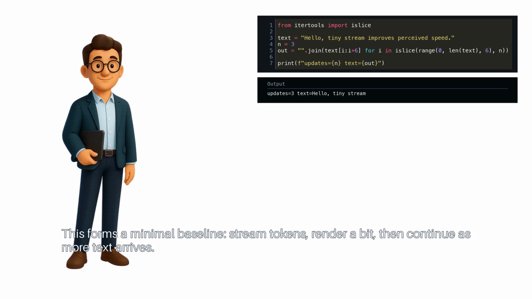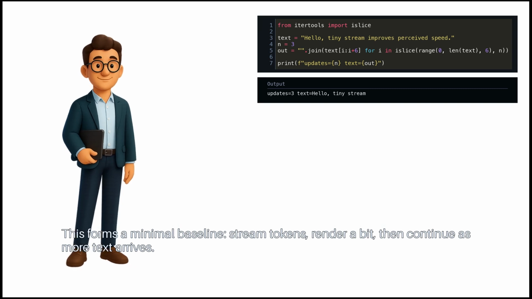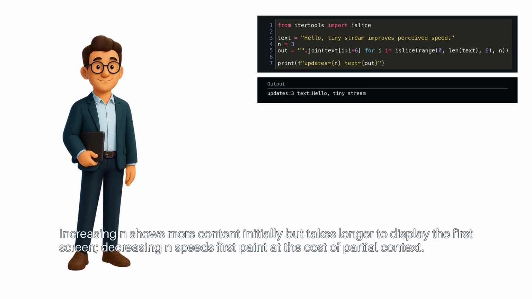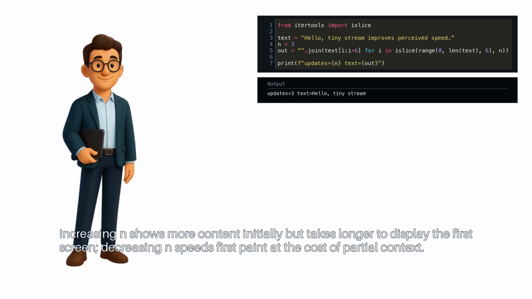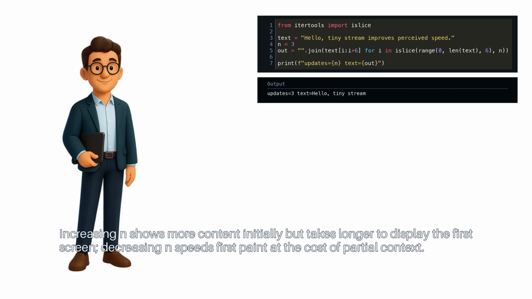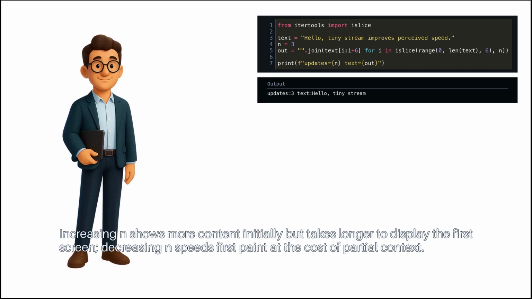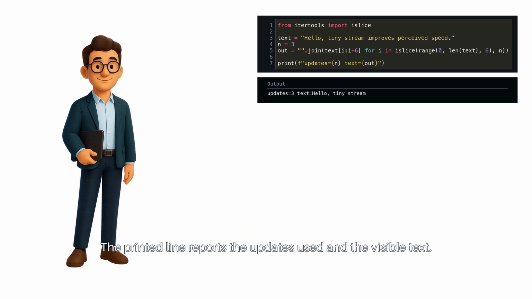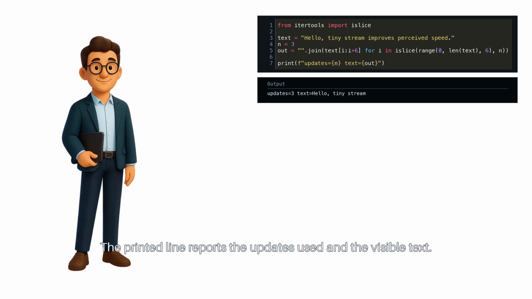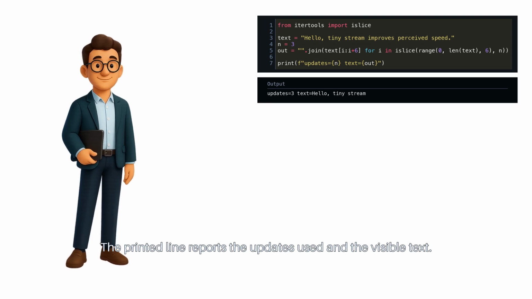This forms a minimal baseline. Stream tokens, render a bit, then continue as more text arrives. Increasing n shows more content initially, but takes longer to display the first screen. Decreasing n speeds first paint at the cost of partial context. The printed line reports the updates used and the visible text.